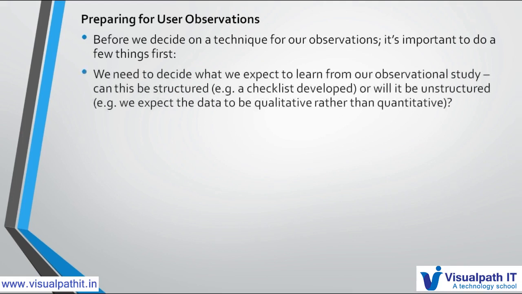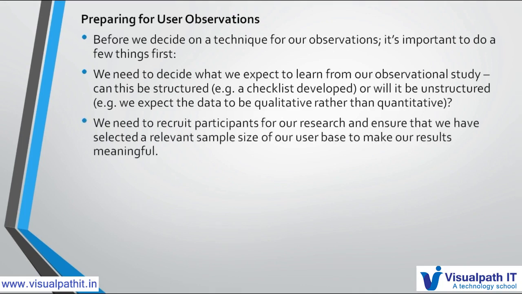We need to decide what we expect to learn from our observational study. Can this be structured, for example, a checklist developed, or will it be unstructured, for example, we expect the data to be qualitative rather than quantitative?